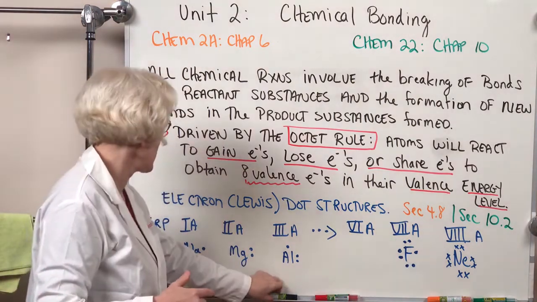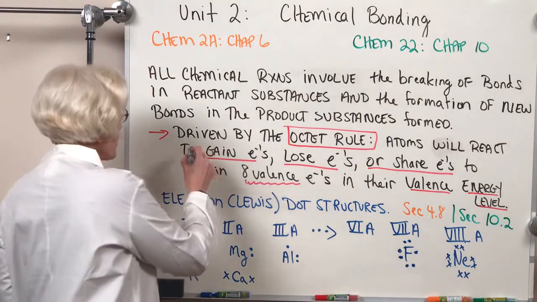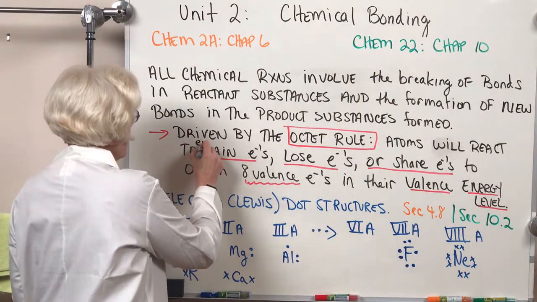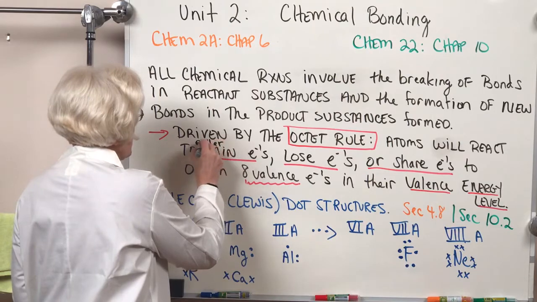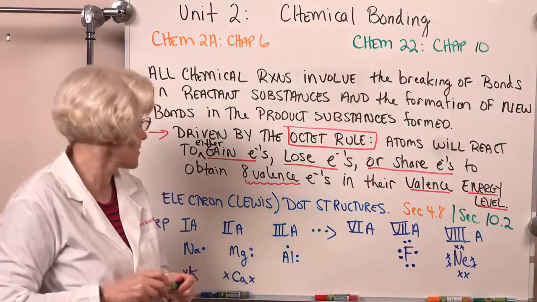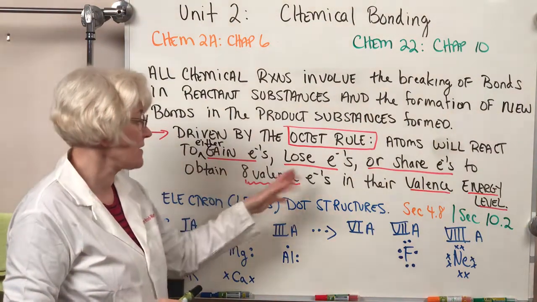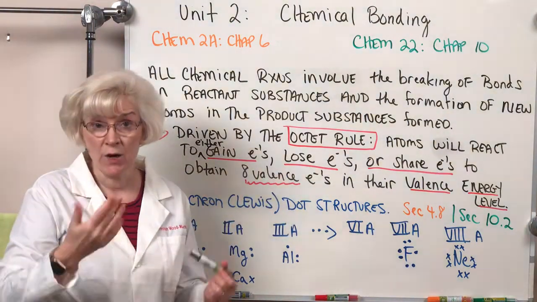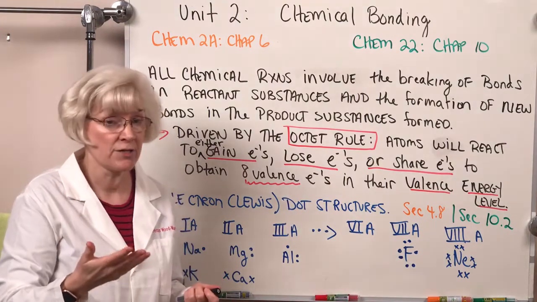And I should state here, this is an either or, so to either gain electrons, lose electrons, or share electrons to obtain 8 valence electrons in their outermost or valence energy level.